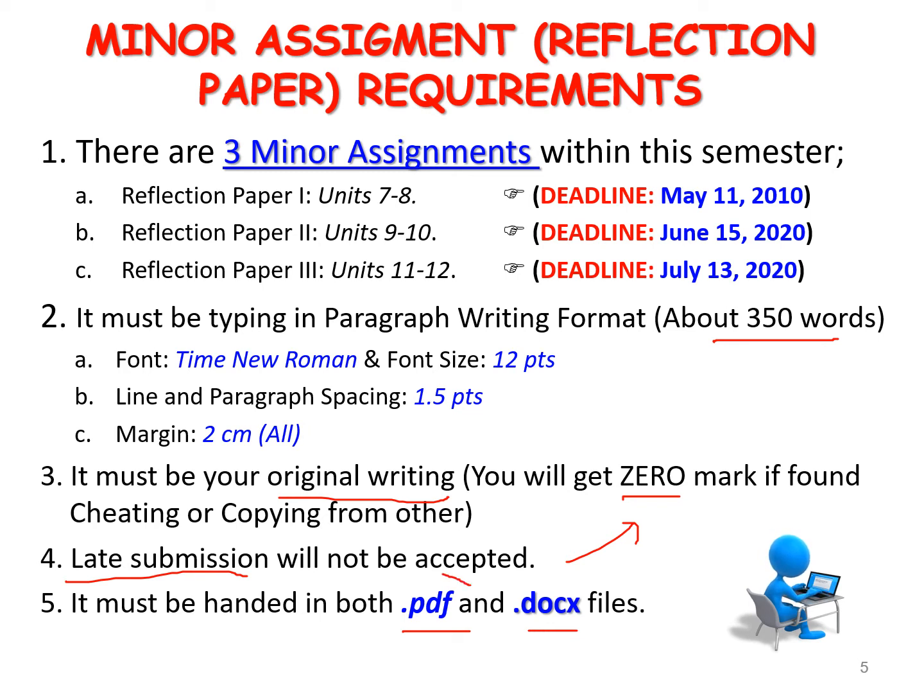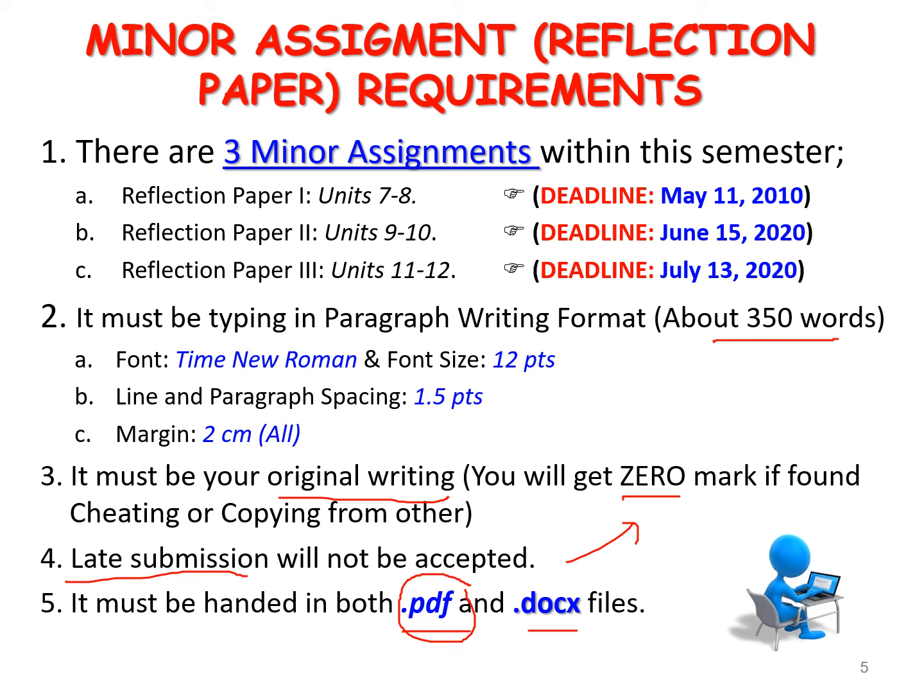Since we send it online, there might be some error regarding the layout or page setup. It might move or jumble here and there, so it's a bit hard for me to check. So you need to submit both files, right?